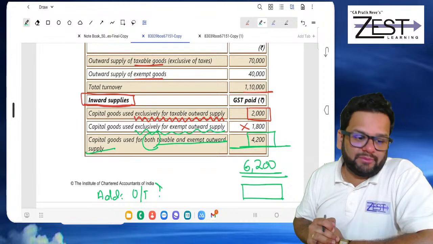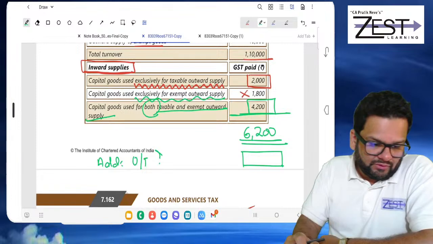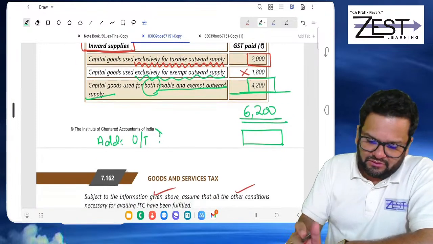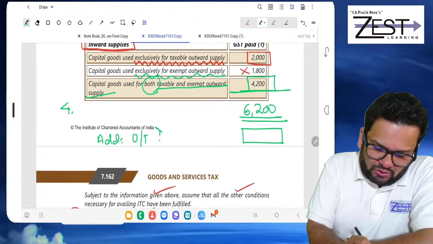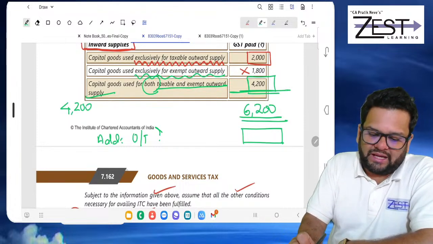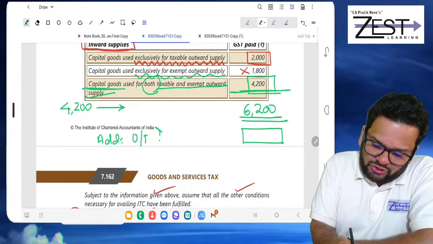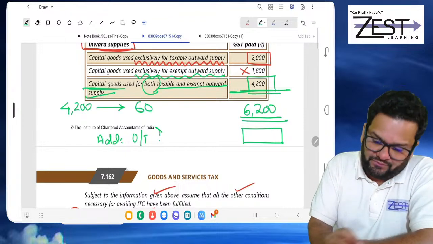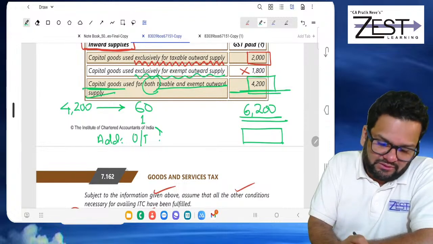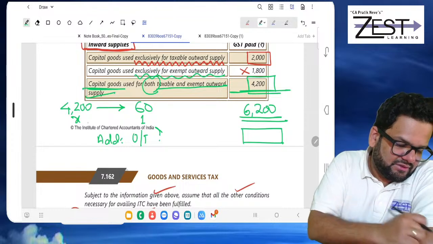If you remember the rule for capital goods, do you agree with me that 4,200, which is used for both taxable and exempt supply, is of capital goods. So 4,200 is for 60 months. So how much is for 1 month? Do 4,200 divided by 60.